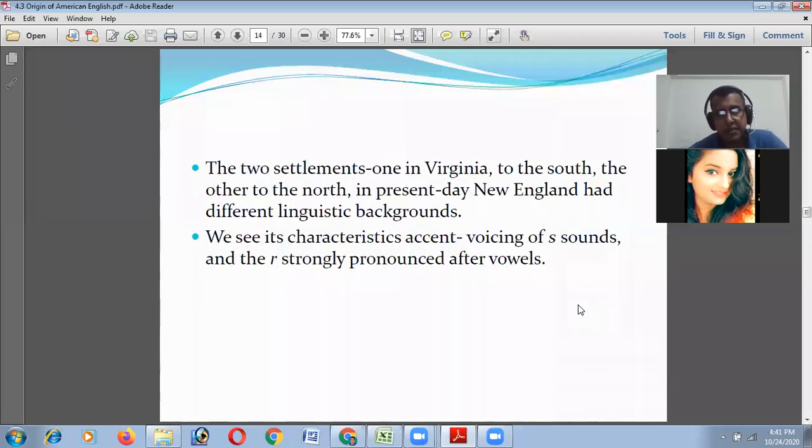The two settlements, one in Virginia to the south and the other in the north in the present New England, had different linguistic backgrounds. As we see, before, the people who first came over there were the elite class, and they used standard English and also very good English.